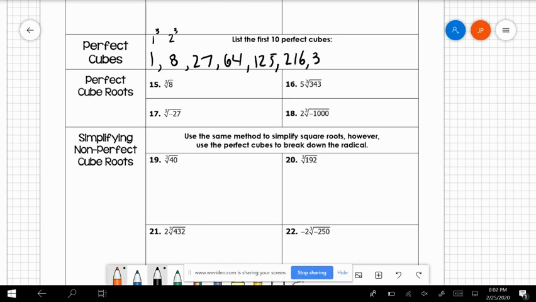Because again, it'll make our lives a little bit easier in some cases. So then once you've got those, let's take a look down here.